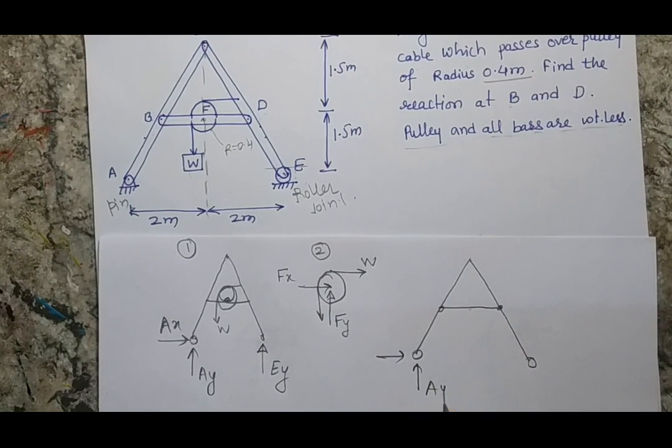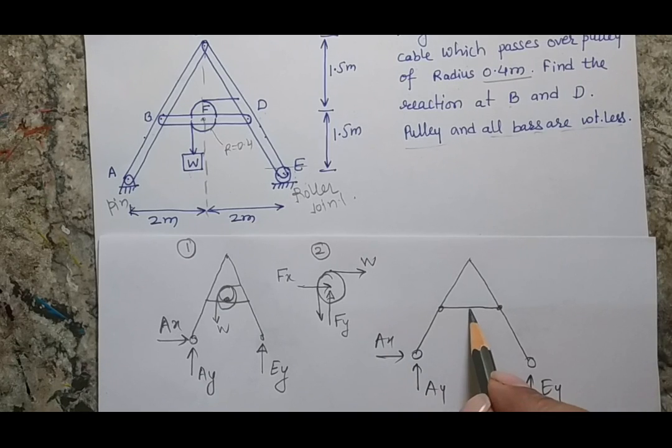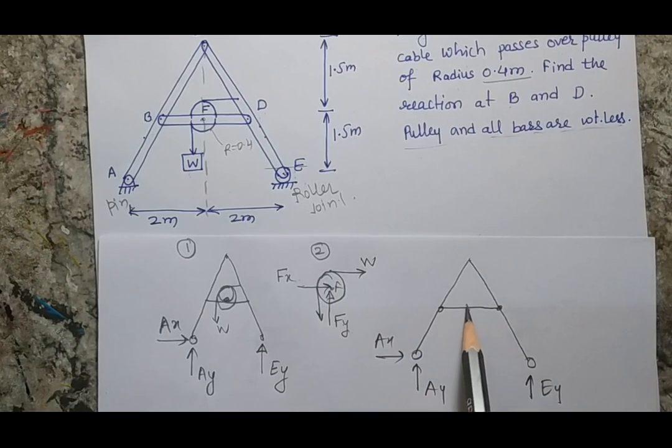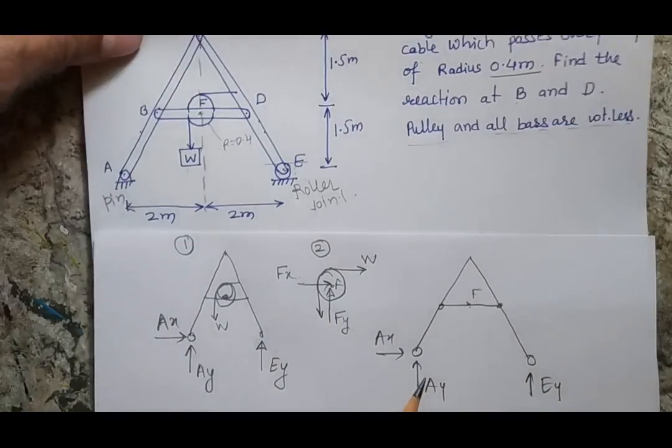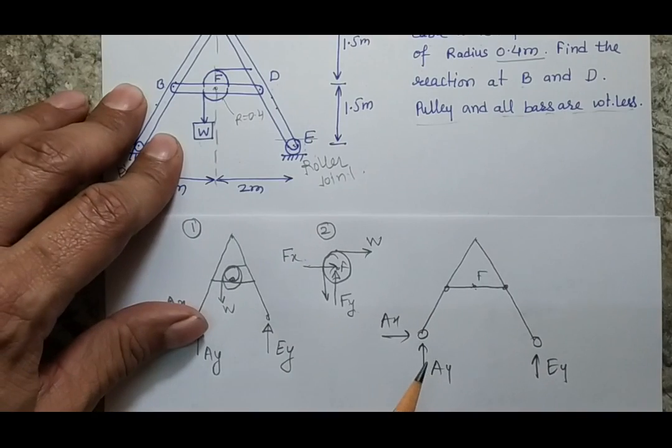One is the AY, one is the AX, one is the EY. Another two forces will be equal and opposite of these two forces, because this is point F, here also this is point F. These are the two F points, which are the counter points. One is on the bar BD and one is on the pulley.